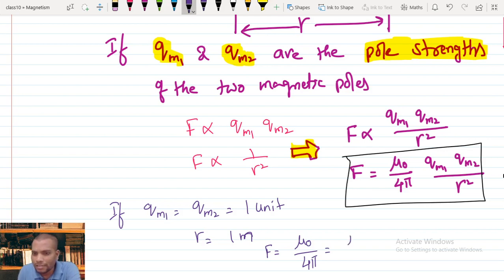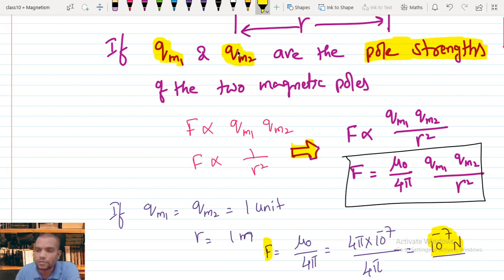The mu naught value is 4 pi times 10 power minus 7, upon 4 pi. So the 4 pi gets cancelled, and we get 10 power minus 7 newtons. It's force.